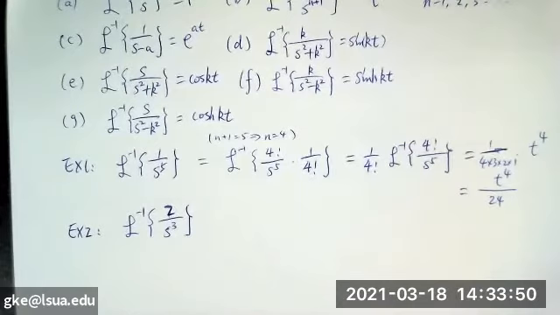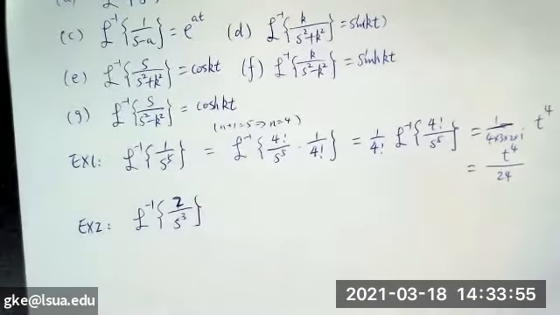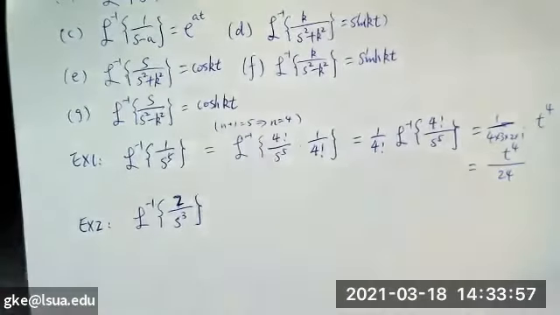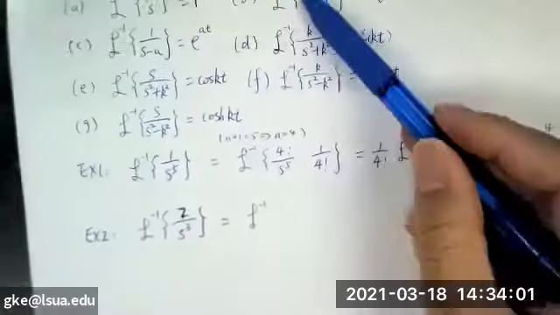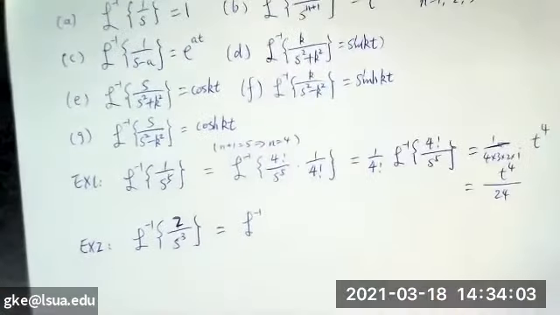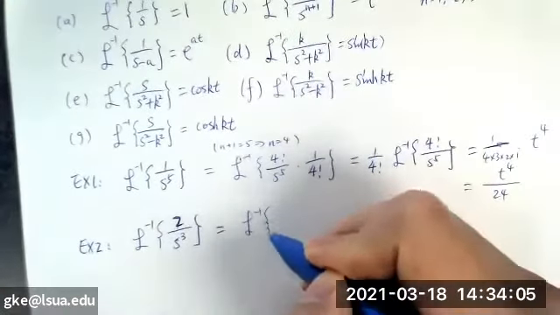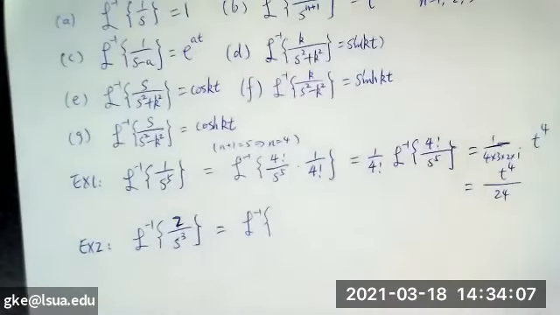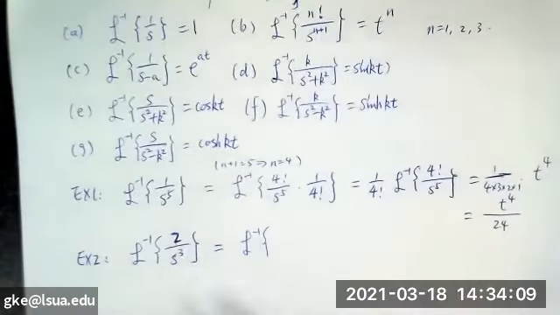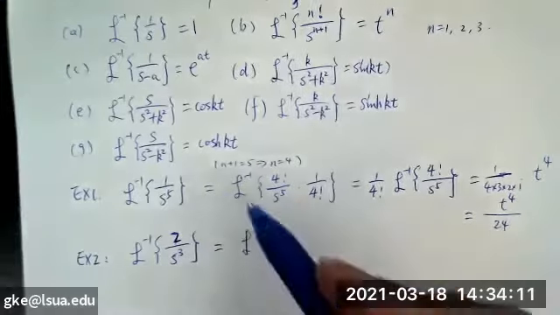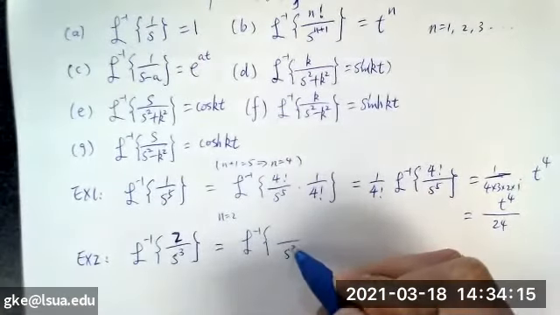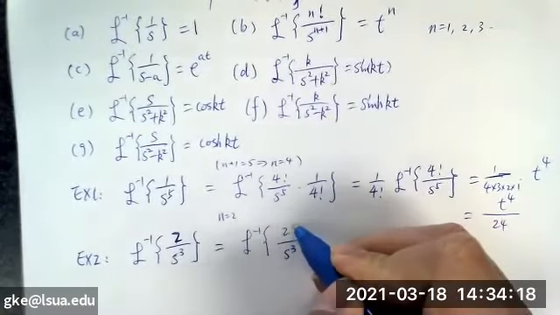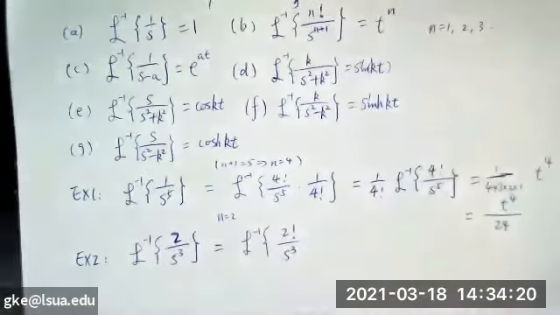Okay. So for this guy, of course, we're going to use the formula B, right? So basically, you need to find what n is. n plus 1 equals 3. So n equals 2, right? 2. So basically, what are you going to do? We need a 2 factorial, right? 2 factorial.